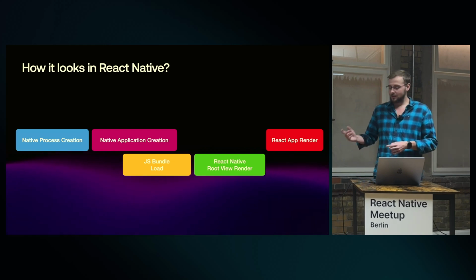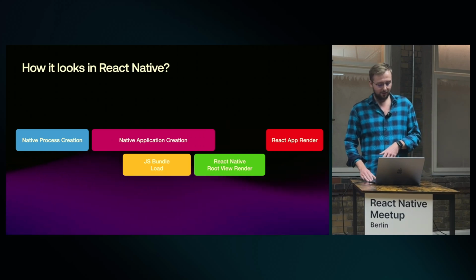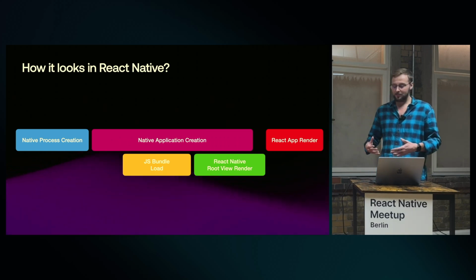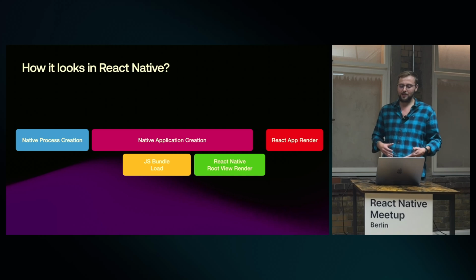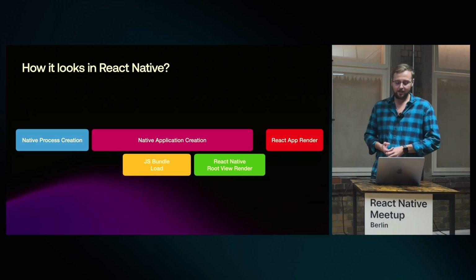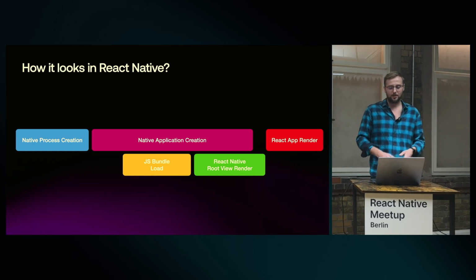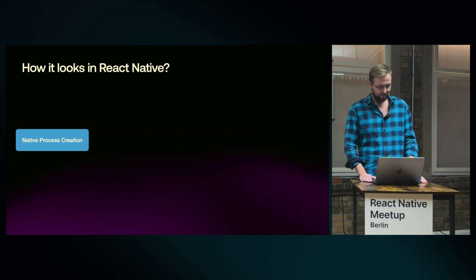It also means that these two phases can overlap. But it can also finish before the native app is created. And the root view can also be created and waiting for an actual render.